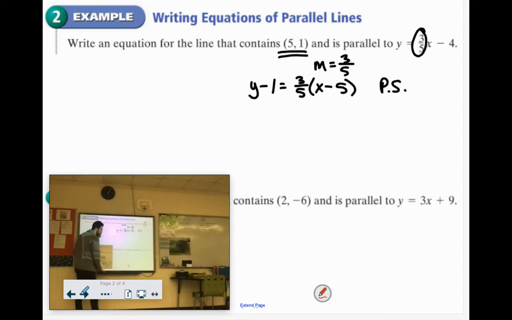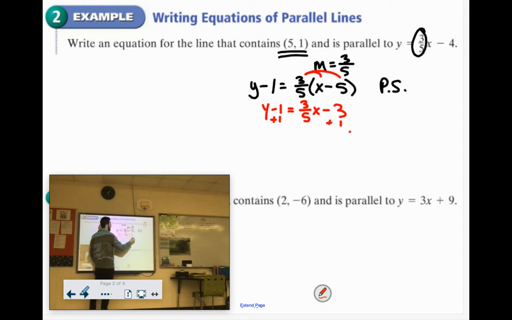So to do that, we're just going to distribute that slope, which would give us 3/5 x minus 3/5 of 5 is just 3. And then slope-intercept form is just y equals. So we would also have to get rid of that minus 1. So we have y equals 3/5 x minus 2.